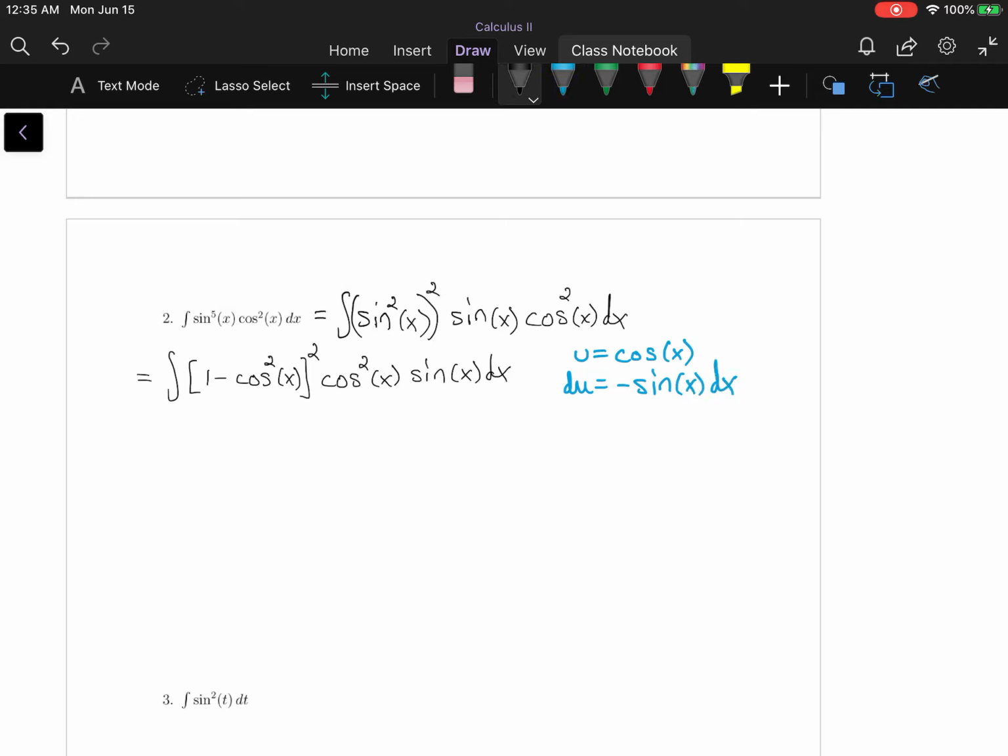And remember, we don't want to end as a function of u. We want to get it back in terms of the original variable, which was x. Since u is cosine of x, I'm going to substitute that in.